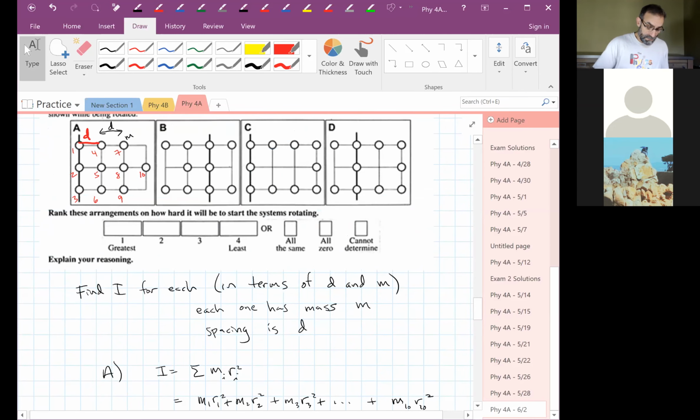And we have one more. M10 is 3D away from the axis of rotation. You see that? This distance, 3D.